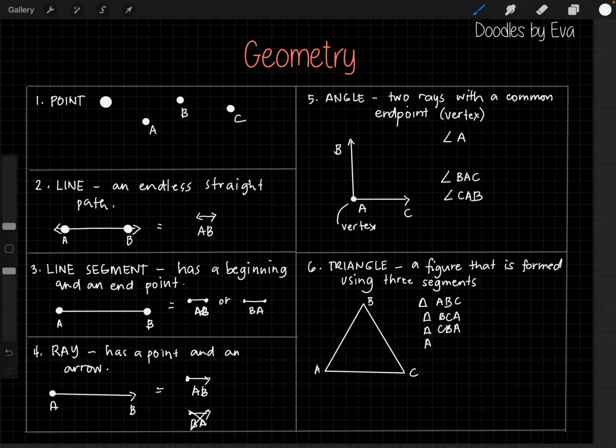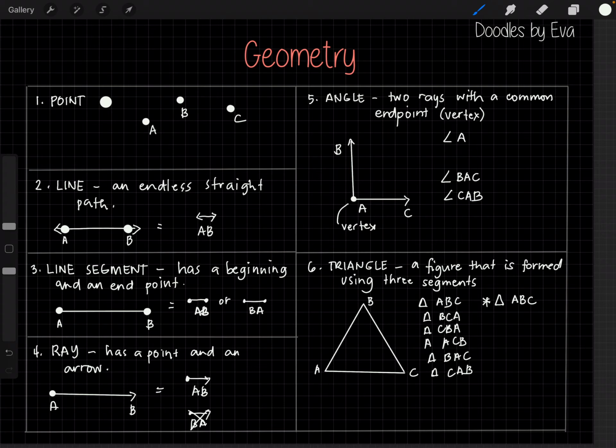ACB, and what else? BAC and CAB. So it's like you just rotate it counterclockwise or clockwise. There are different ways to name it, but it's best that you read it in alphabetical order, so this is the best, triangle ABC.